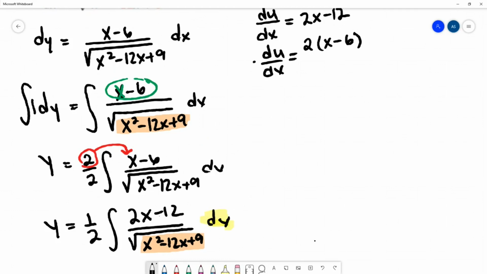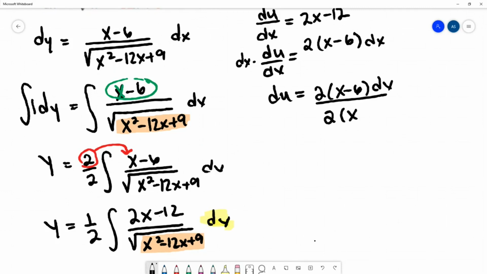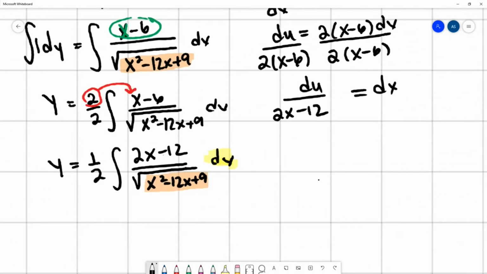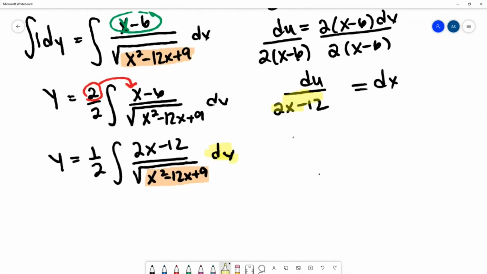We're going to multiply both sides by dx. That gives du equals 2 times (x minus 6) dx. I'll divide both sides by 2 times (x minus 6). And that gives that dx is equal to du over, let's multiply that out, 2x minus 12. All right, so we'll make this substitution here.